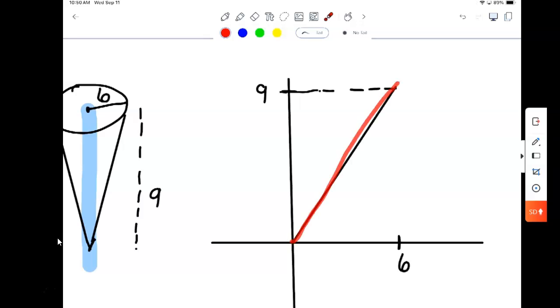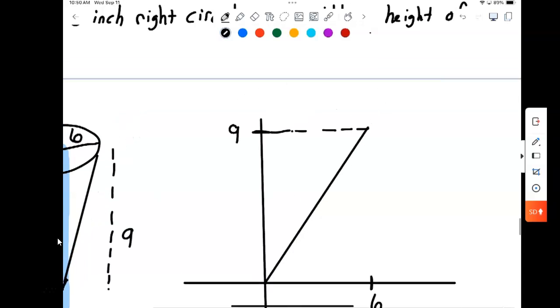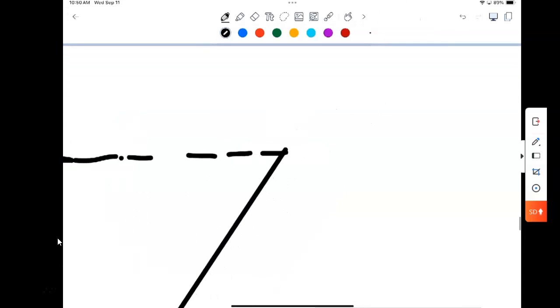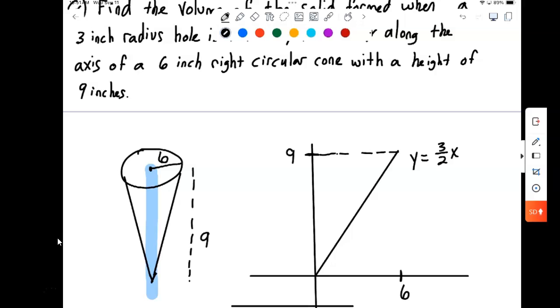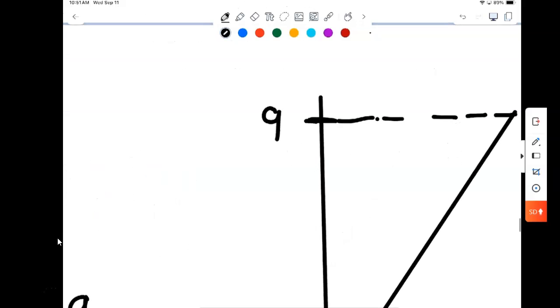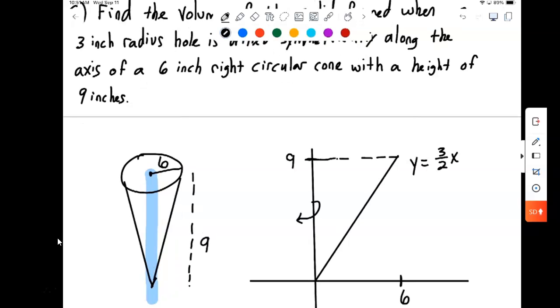So the slope of this line would be 9 over 6, or 3/2, and it passes through the origin, so the equation is simply y equals 3/2 x. That's going to be our equation for our cone, and again, we are revolving this about the y-axis the way I have this set up.